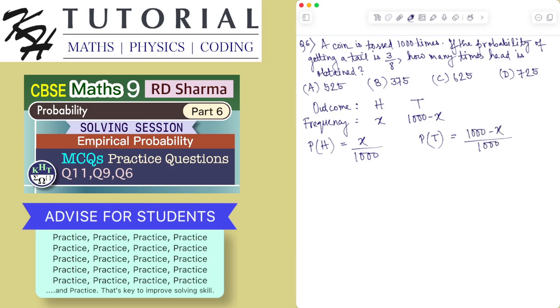Now in the question it is given the probability of getting a tail is 3 by 8. So probability of tail is 1000 minus x divided by 1000, which is given to be 3 by 8. So we can easily solve for x from here. And once x is found, the problem has asked how many times head is obtained, so x is the number of times head is obtained that we have assumed.